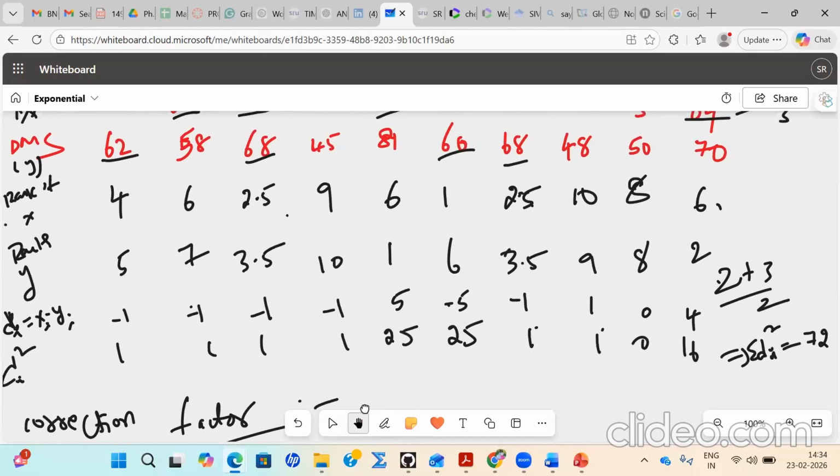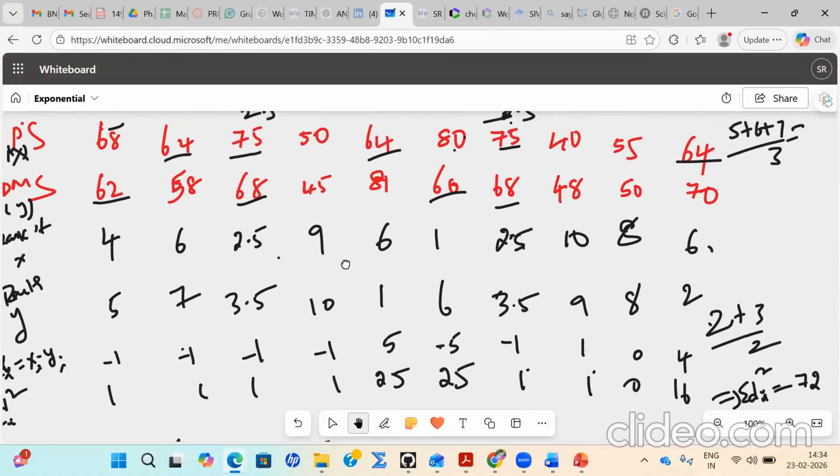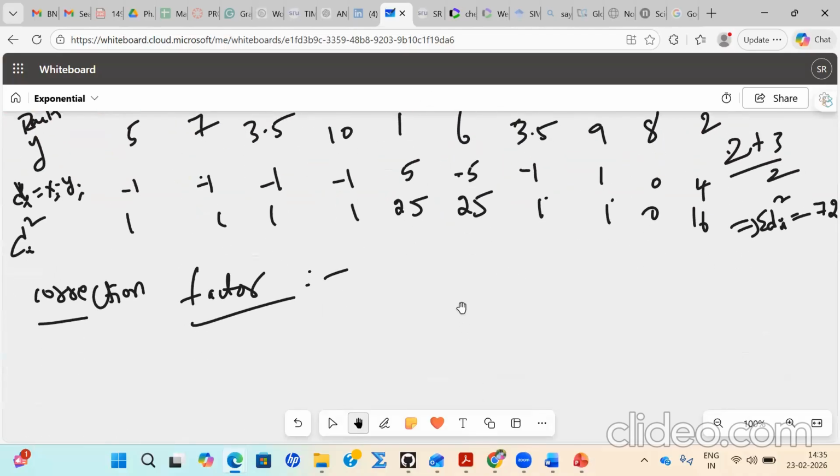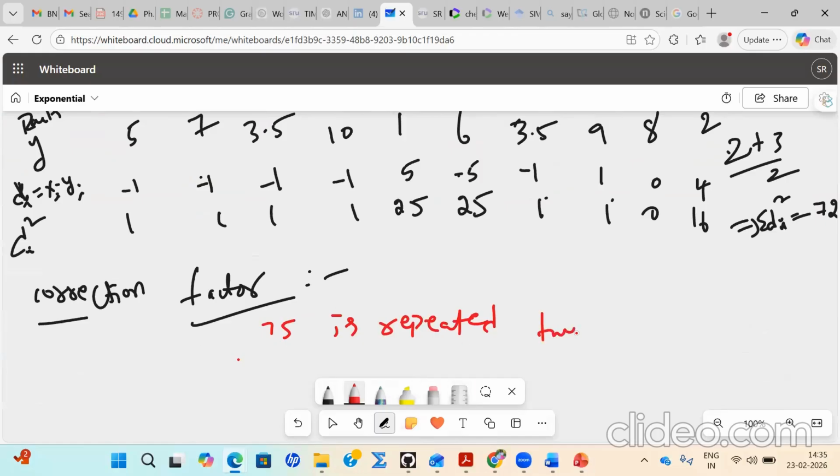In A, what is repeated? I think 75 is repeated twice. I am writing it with detail; write the details in the exam also. 75 is repeated twice. This is in PS data first.